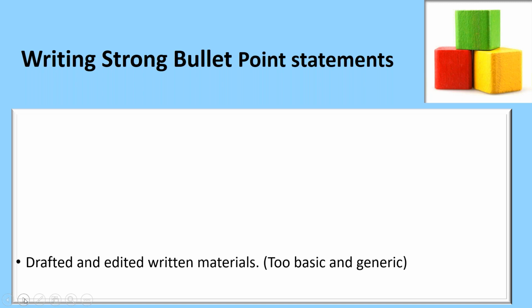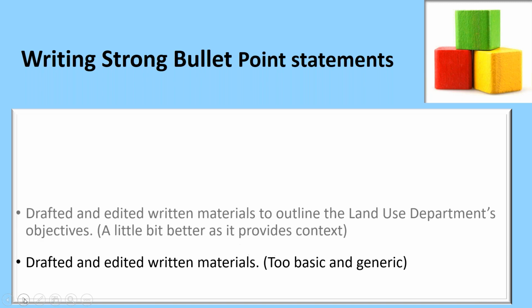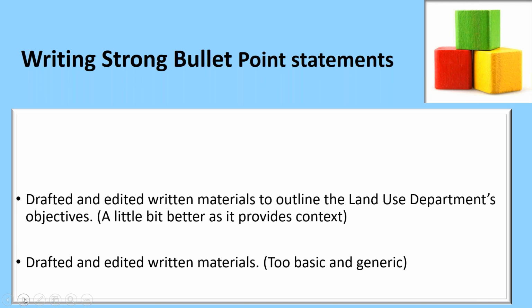So this is not a strong bullet point statement. Let's look at an improved version. In this next version, it says the individual drafted and edited written materials. And now it's telling us how and why to outline the land use department's objectives. So you can see that in this second version, there's more context and it's a little bit better.